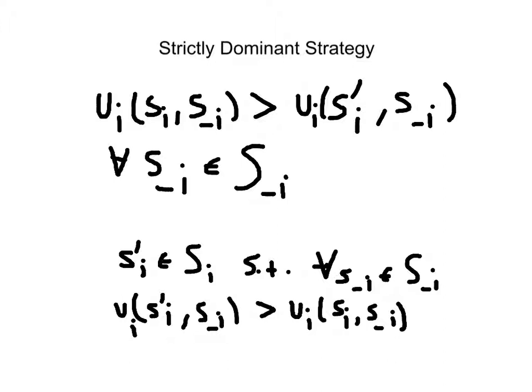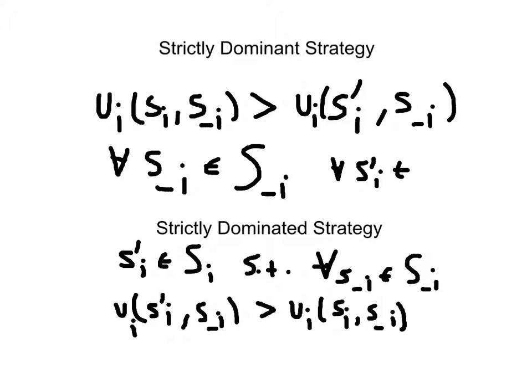And this is true regardless of what these other players are doing, because this is true for all combinations of strategies played by the other players. In this case, S_I is dominated, right? It's a strictly dominated strategy because there exists another strategy such that you get a higher utility no matter what. I should point out here, I've forgotten to put that this is true for all S prime I element of S_I. Right. Okay.